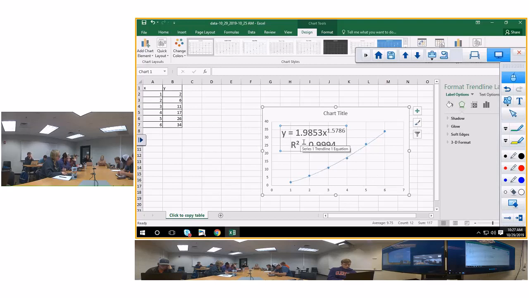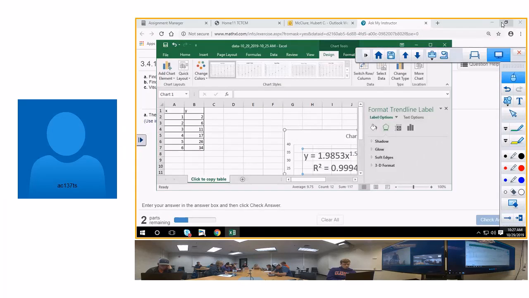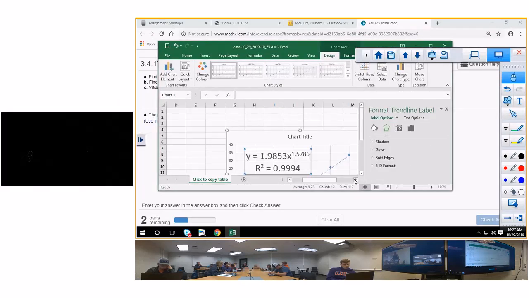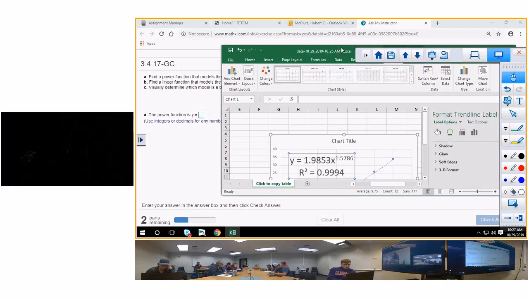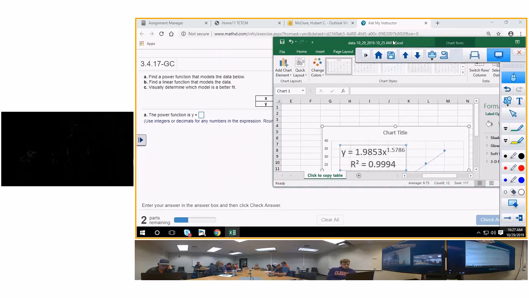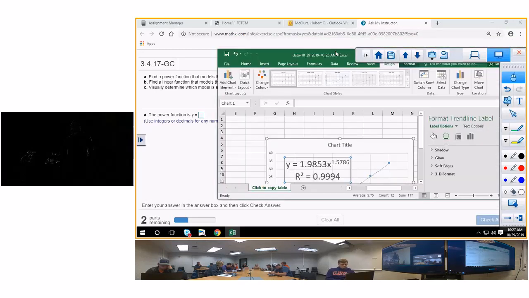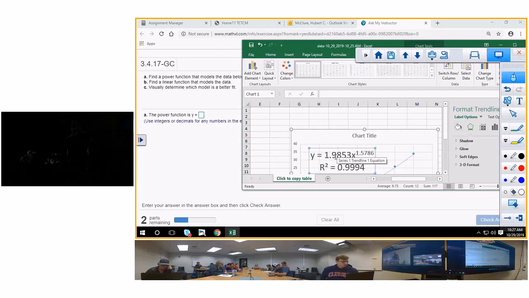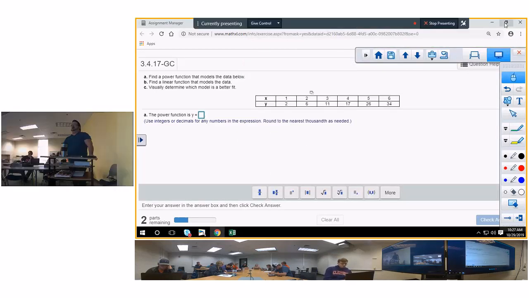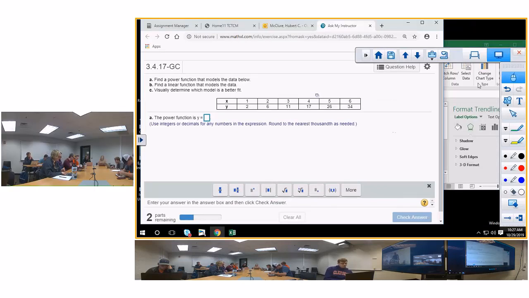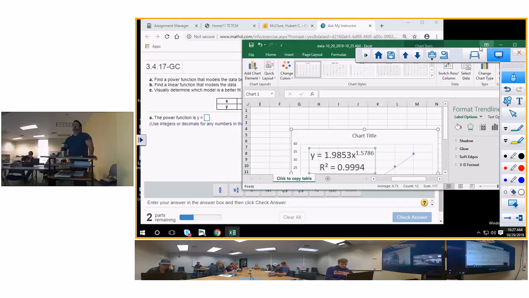So let's just see if I can make this small and move this over. Power function, and it says round to the nearest thousandth, so 1.985. I'm trying, hold on.